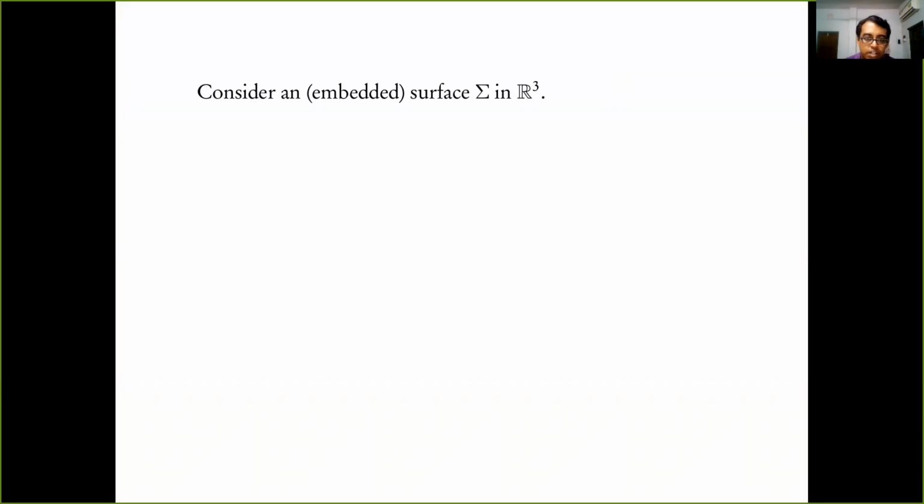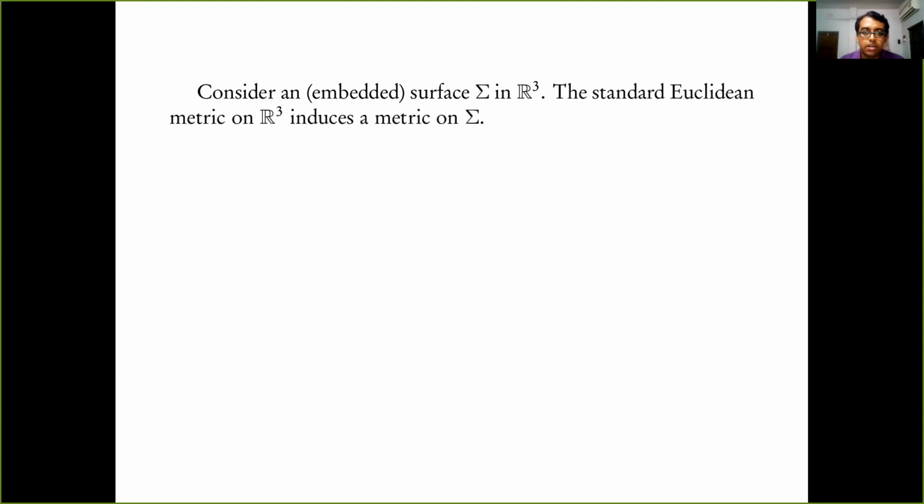So we are going to consider surfaces in R3. These are embedded surfaces. And we of course have a Riemannian metric on the surface, basically because you have a Riemannian metric on R3, which is also the Euclidean metric. I'm going to often use the notation that the Riemannian metric is the Euclidean metric.